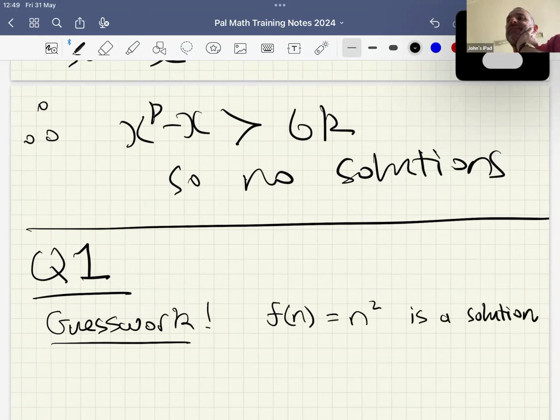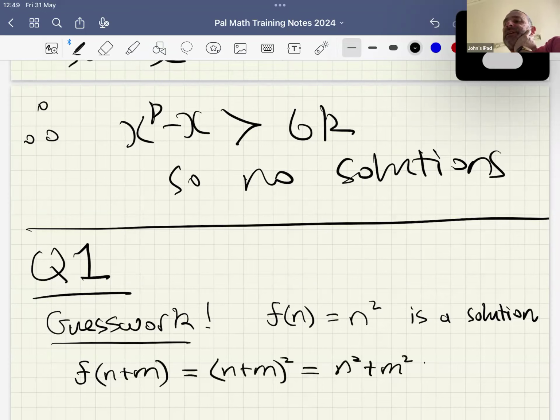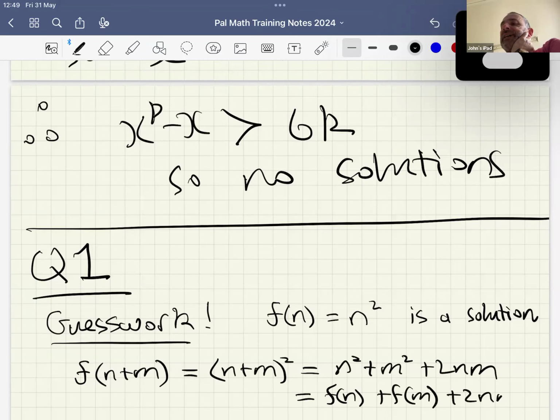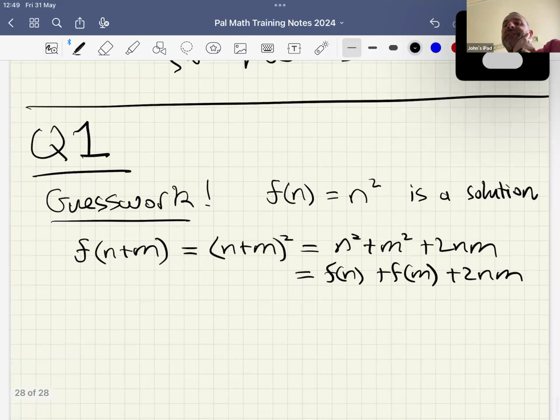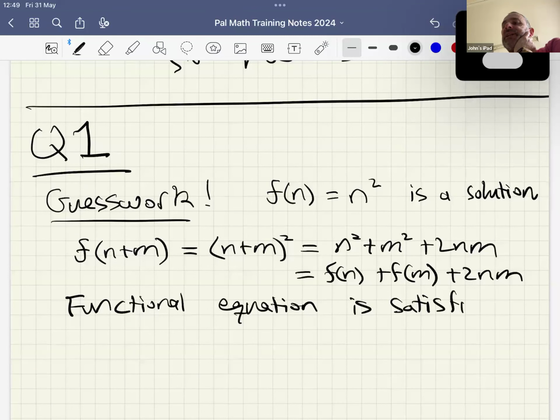And the reason for that is that if you look at f of n plus m, you get n plus m squared, which is n squared plus m squared plus 2nm, which is f of n plus f of m plus 2nm. And that's the functional equation satisfied. So now the difficult part, that's the easy part. The difficult part is showing that this is the only solution.